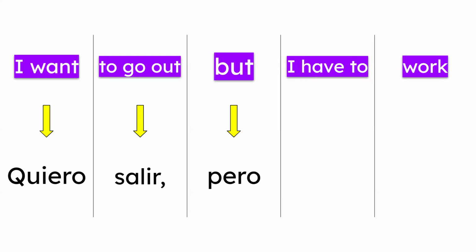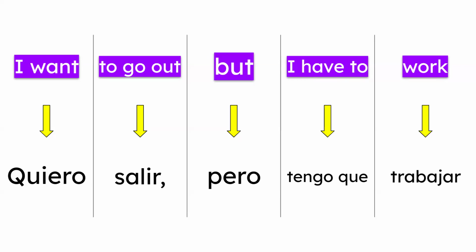In that case, we still use the verb tener, but we add que. Quiero salir, pero tengo que, plus the base form of the verb, in this case, trabajar. Quiero salir, pero tengo que trabajar.